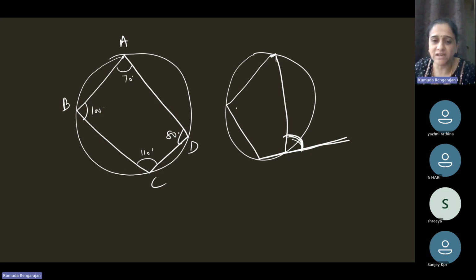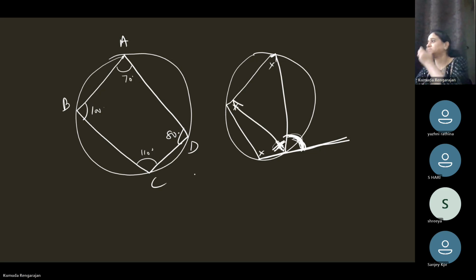See, how many interior angles are there? 1, 2, 3, 4 interior angles. This one is the immediate interior angle for this exterior angle. So for this exterior angle, this is its interior opposite angle.